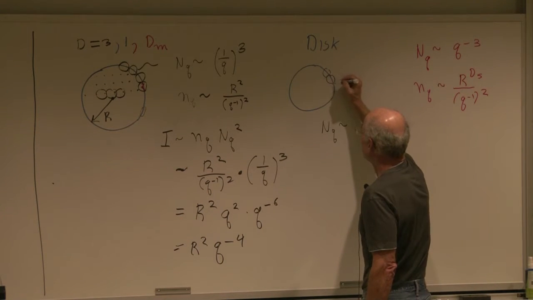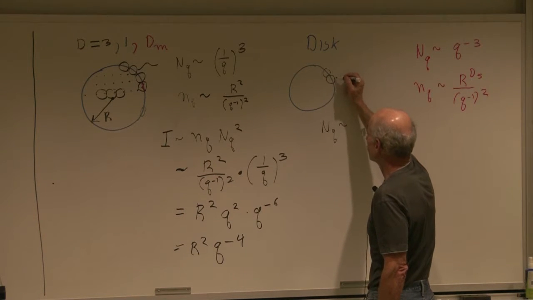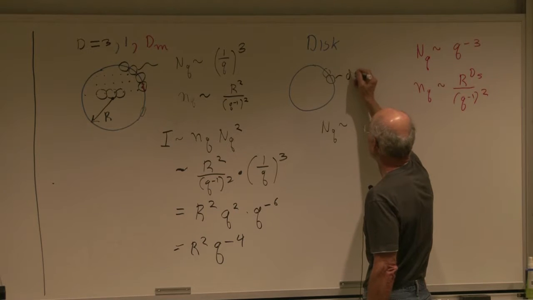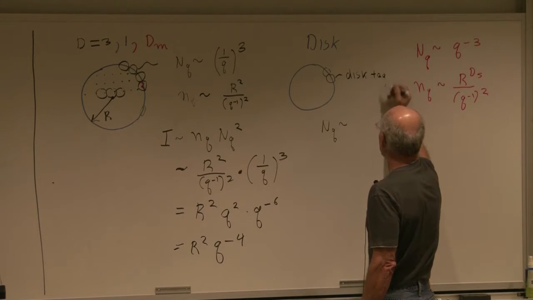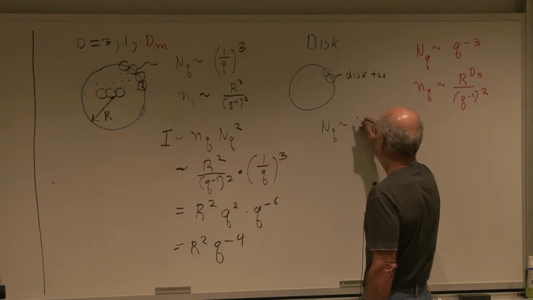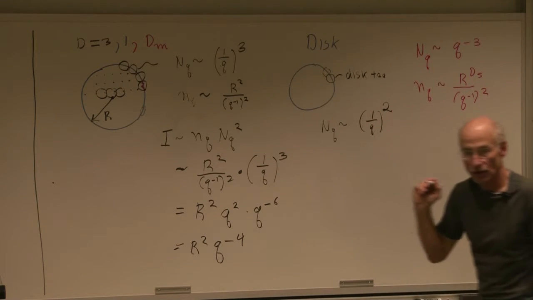This is no longer a sphere, it's a disk as well. So the Q region is a disk too, right? So I have to worry about the area of the disk, correct?